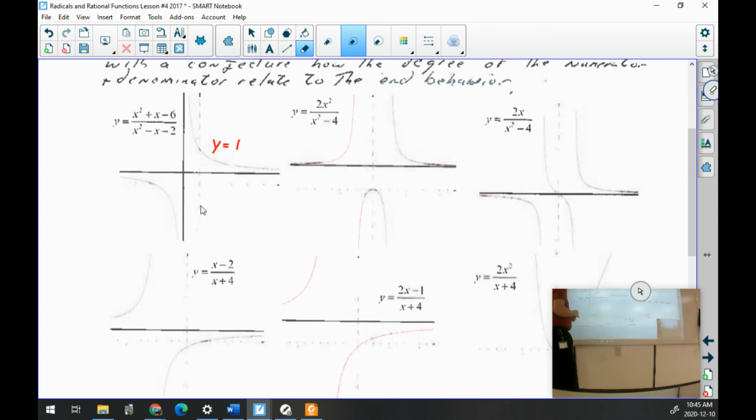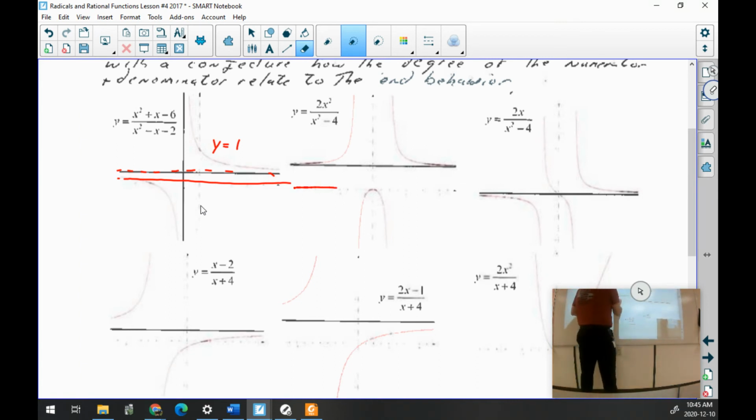I know that's fairly hard to see. So basically, as we go out farther and farther, that's my horizontal asymptote. Here's my x-axis. That's why I was having problems with it. We have y is equal to 1. This guy down here, here's my x-axis. I have a horizontal asymptote at y is equal to 2.